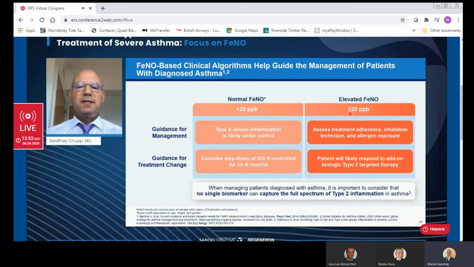And if needed, consider a biologic therapy as add-on therapy, because in this clinical situation with a poorly controlled patient, it is likely that the T2 inflammation that is persistent is driving their disease activity and severity.